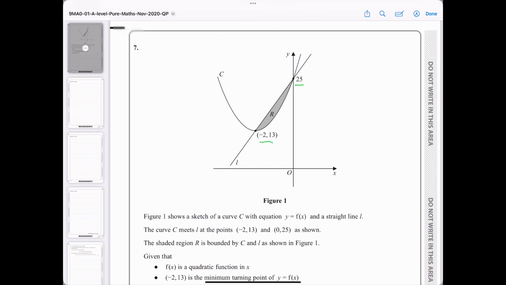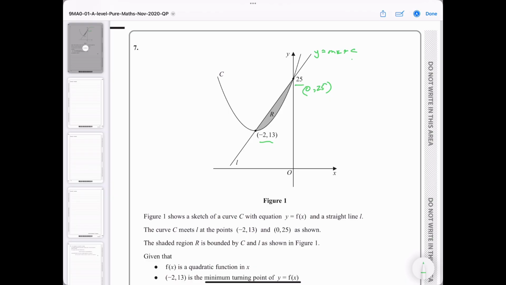So firstly, I'm going to find out what this line is, in the form y equals mx plus c. And the way I'm going to do that is find the gradient. So we've got (0, 25) and (-2, 13).